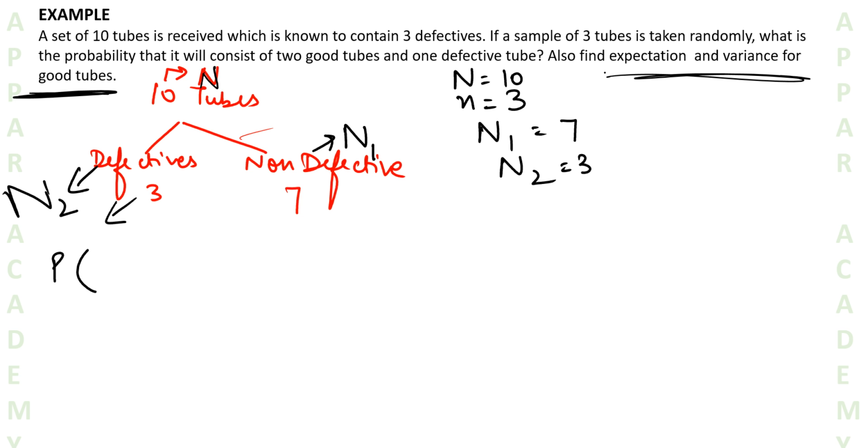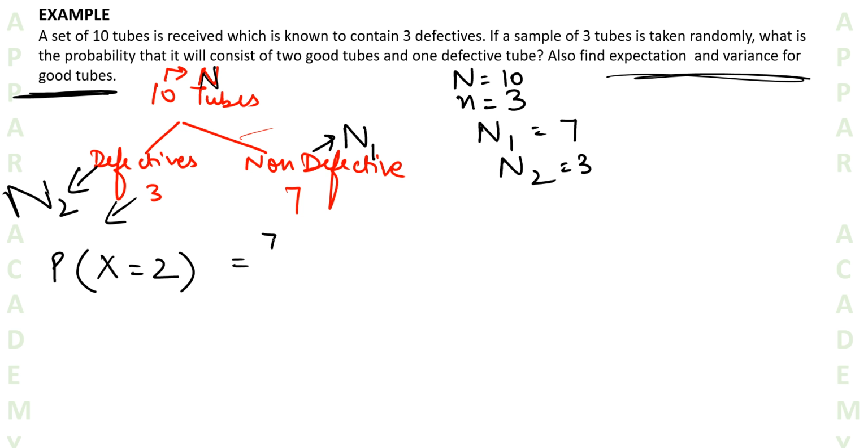In finding the probability, it does not matter what we take as N1 and what we take as N2. So probability that X, the number of good tubes, is equal to 2.